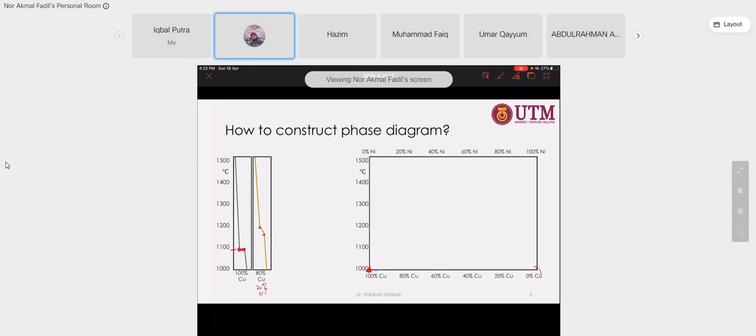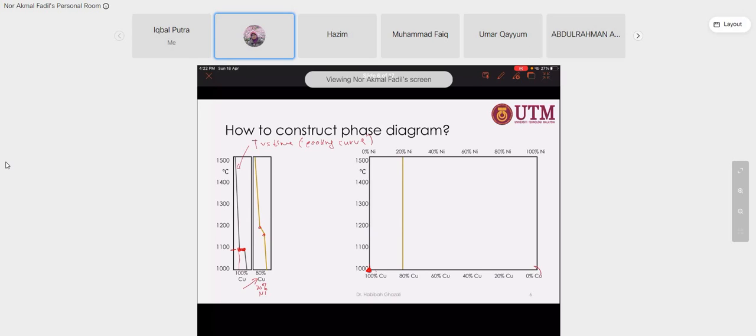Remember, this curve is temperature versus time. During the cooling process, it is a cooling curve. This is a cooling curve for 20% nickel in 80% copper alloy.